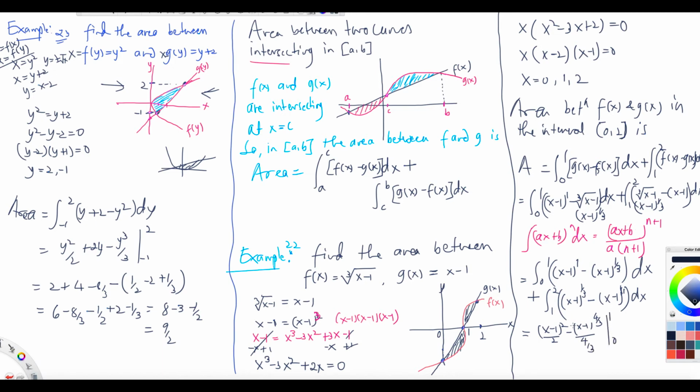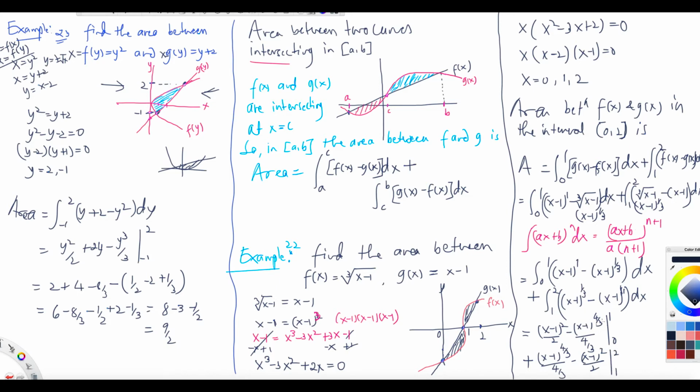That's what you get. And then plus, for this one you do the same thing. It will be (x minus 1) to the 4/3 over 4/3 minus (x minus 1) squared over 2, but the limits are 1 through 2.